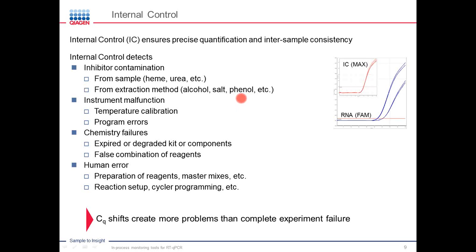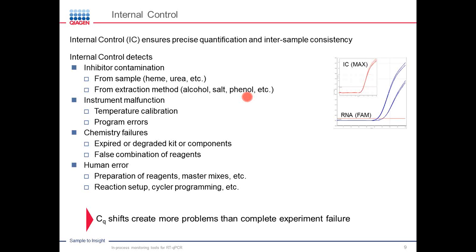For example, when thinking about phenol, this is a very strong inhibitor of proteins. Basically, it's the job of phenol to destroy proteins and denature them. And if we have any carryover of phenol into our nucleic acid, then it can potentially interfere, for example, with our enzymes, with our Taq polymerase or reverse transcription, which are proteins.